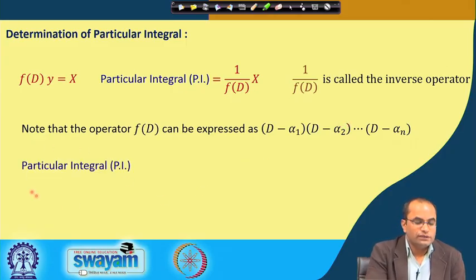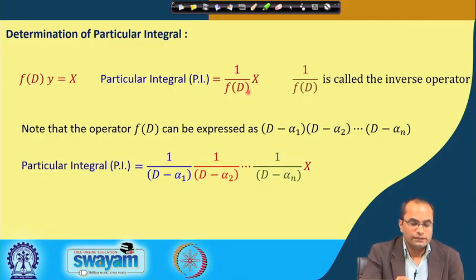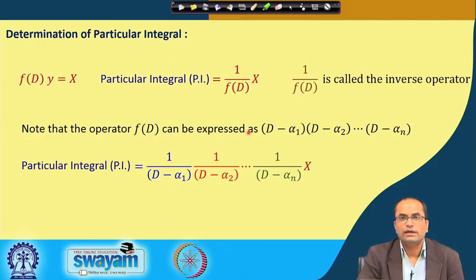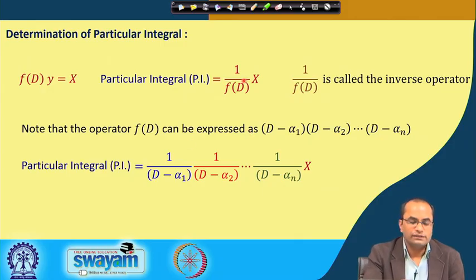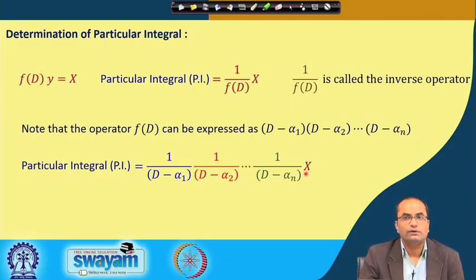So, the particular integral, written as 1 over f(D) X, where f(D) is nothing but the product of these (D minus alpha) factors, is 1 over (D minus alpha 1), 1 over (D minus alpha 2), and so on up to 1 over (D minus alpha n), operated on X. What is important here to evaluate this expression?